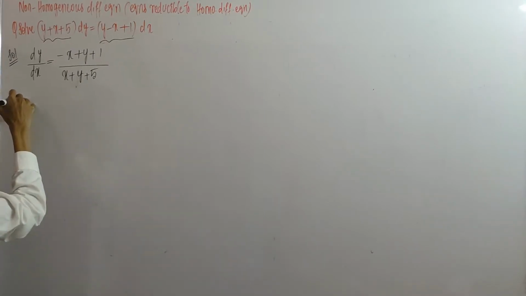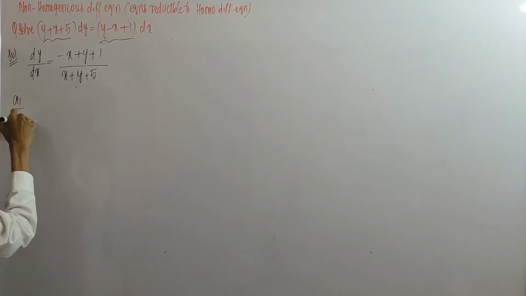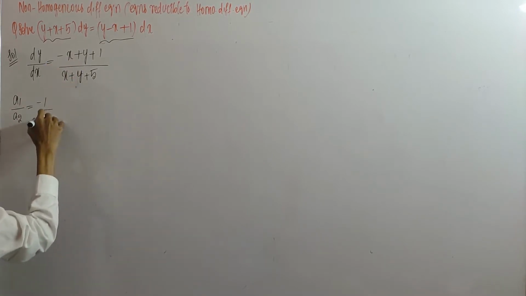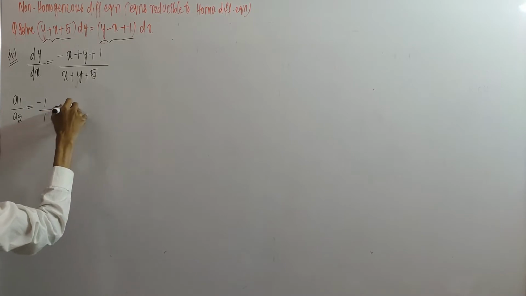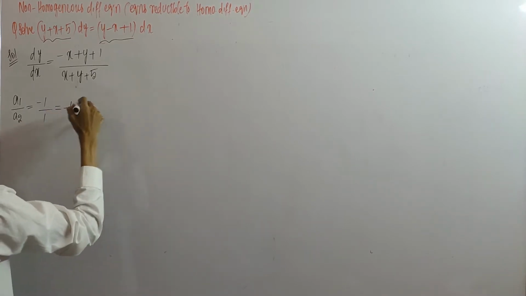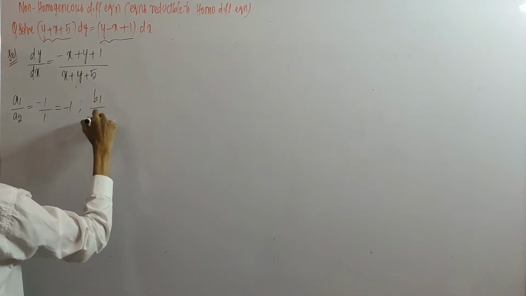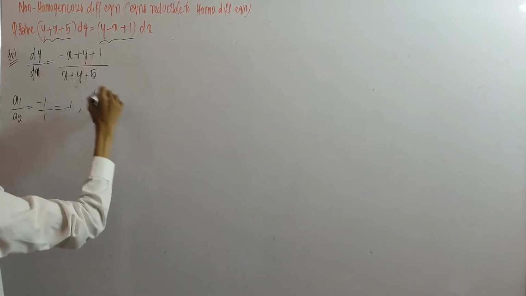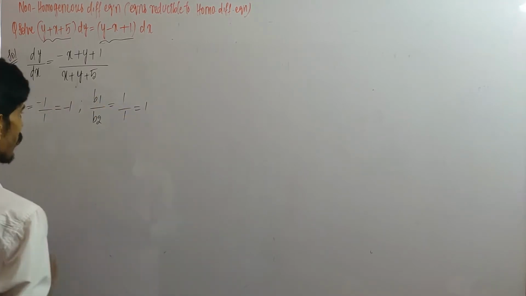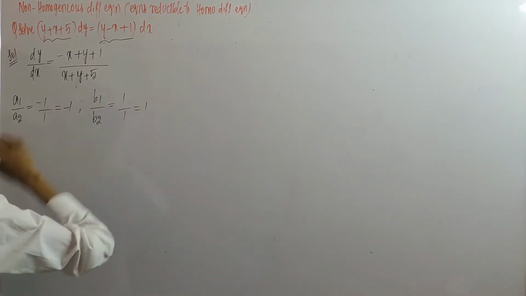Now let us check the ratio a1/a2. Here we have a1 value as -1, a2 value is 1, so a1/a2 is -1. Similarly, ratio b1/b2: b1 value is 1 and b2 value is also 1, so we got 1. -1 is not equal to 1.